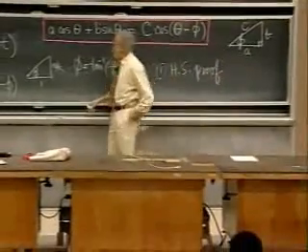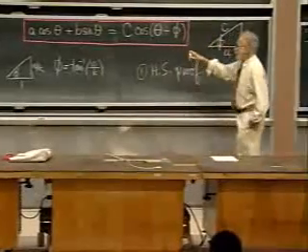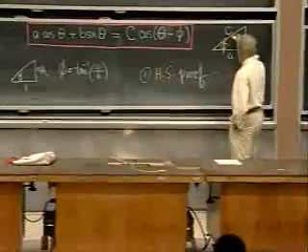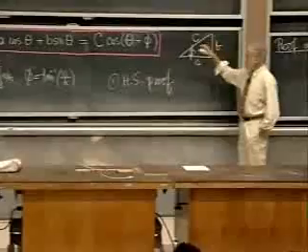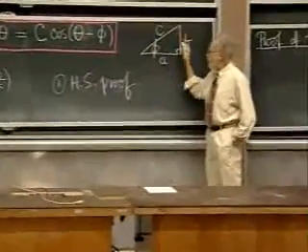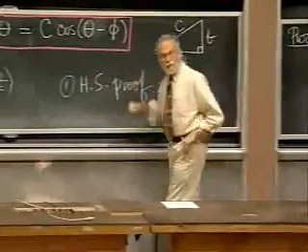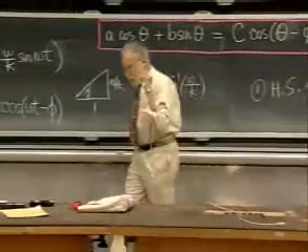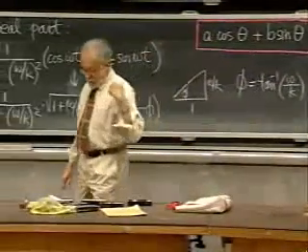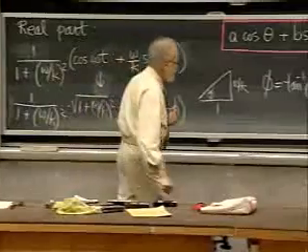It shows you that once you've done that, A turns out to be C cosine phi, and B is C sine phi, and therefore it identifies the two sides.